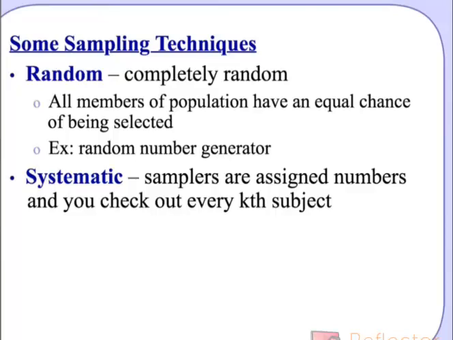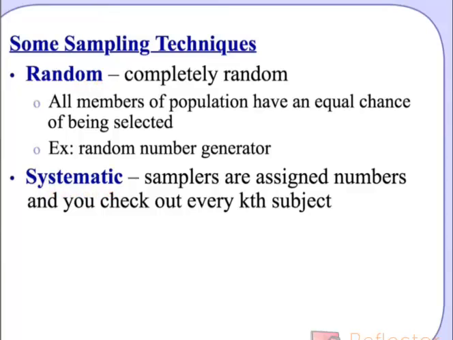So we're going to choose the 10th person, the 20th person, the 30th person, in those intervals of tens, and they're going to be selected to do our survey or to be chosen or whatever we're looking at. So it's every kth person, depending upon, do we want every 10th person, 100th person, etc., and go from there. So these are 2 types of sampling techniques.